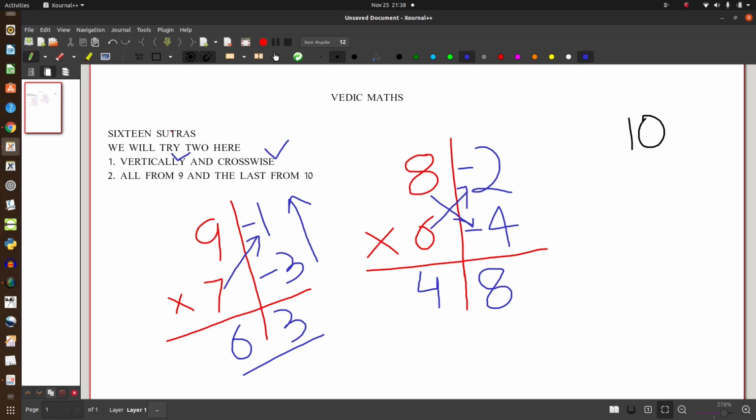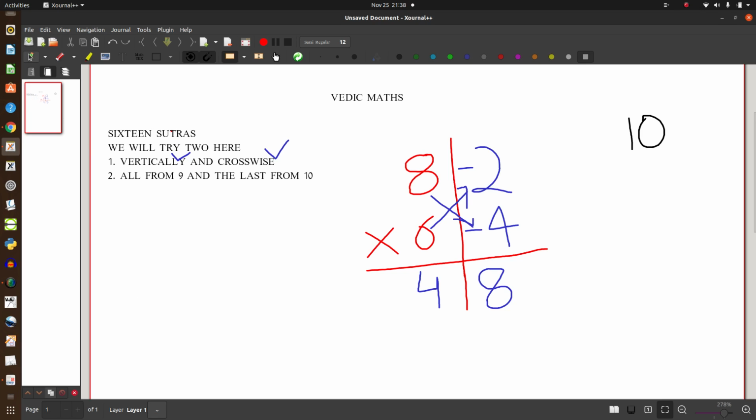Similarly, sometimes what happens if I have to subtract some values from tens, hundreds or thousands, how do we do that? For example, say I have to subtract 987 from 1000.